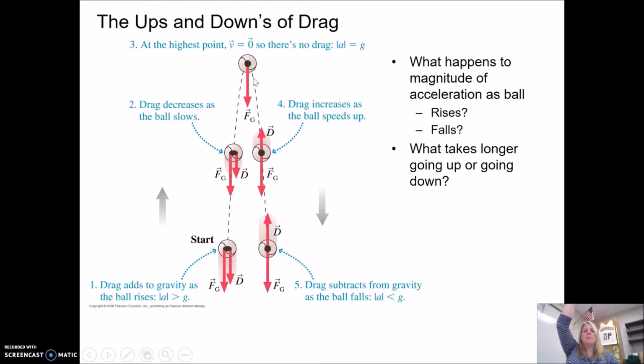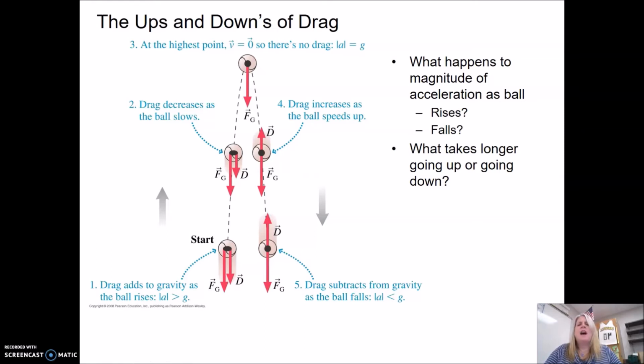Of course, eventually up at the maximum height when I throw a ball straight up, the object stops, so there's no drag force if there's no velocity. But as the ball starts to fall, again, the drag force is the opposite of velocity. So the ball's going down, the drag force is up. And so that means that the drag force is opposing the force of gravity until I get to this situation where the drag force is equal to the force of gravity, and I fall at terminal speed.